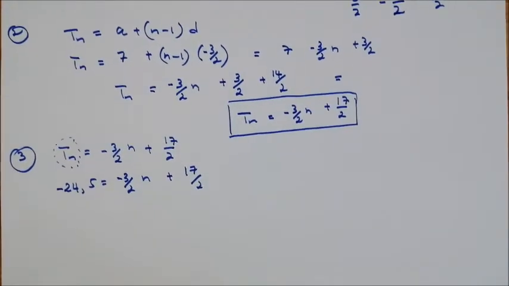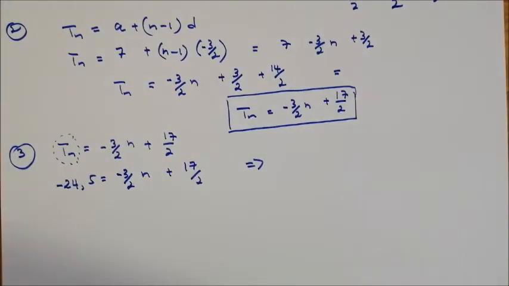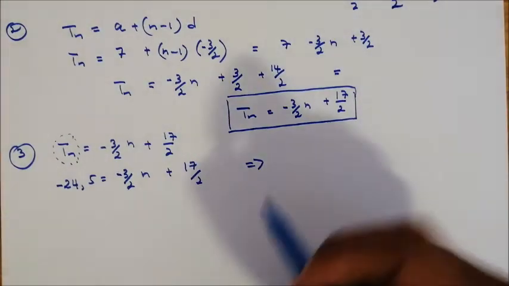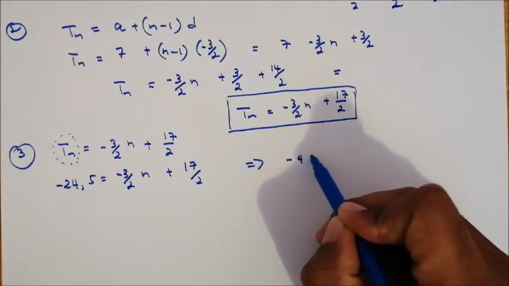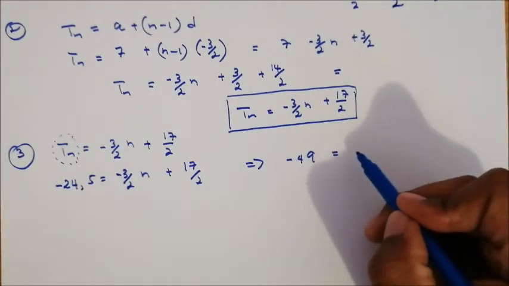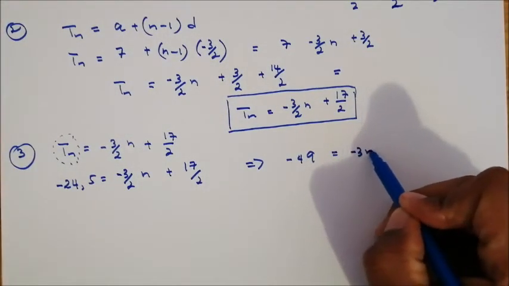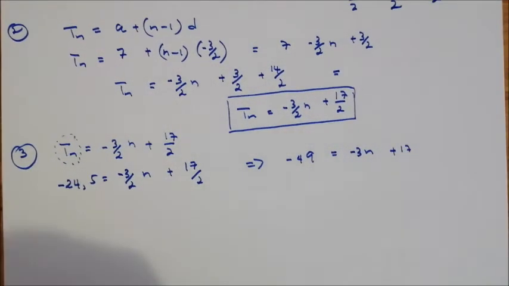Okay. So to further simplify here, we are going to multiply by 2 everywhere, right? So this is going to be minus 49 is equal to minus 3n plus 17, right?